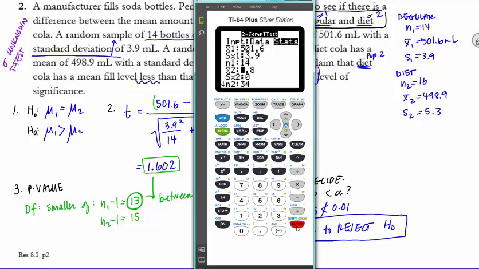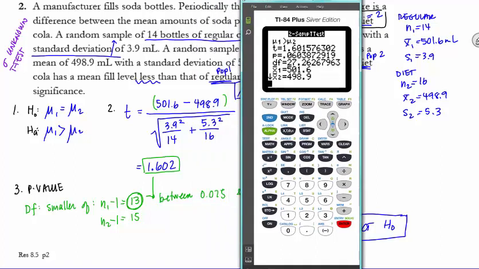The mean of the second sample is 498.9. Standard deviation of the second sample is 5.3. And the second sample size is 16. The alternative hypothesis is that the first mean is greater than the second mean. And this is where it says pool. That's if they're going to pool the variances. If we have reason to believe the variances are the same, we can pool them. We don't have the reasons here, so we say no and ask it to calculate.